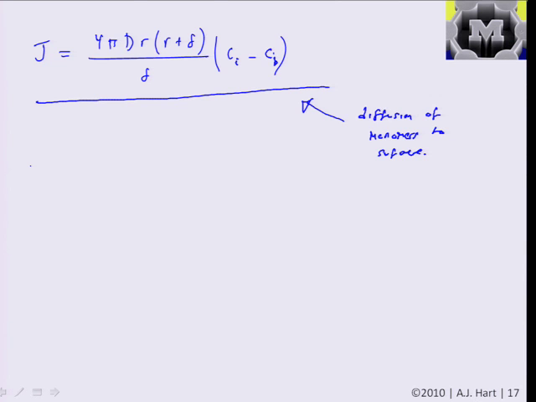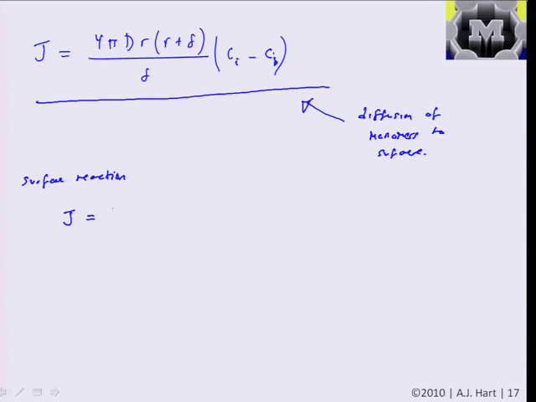So now if we look at the surface reaction itself, we can write the same J, because we know that J due to diffusion is going to be equal to J due to reaction.